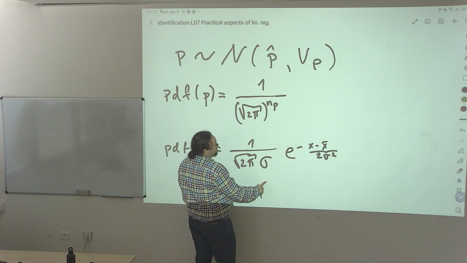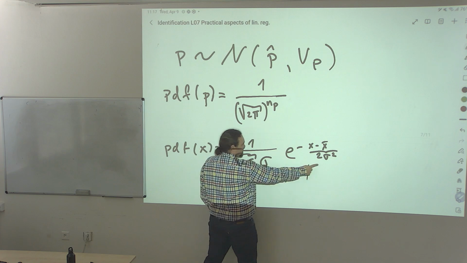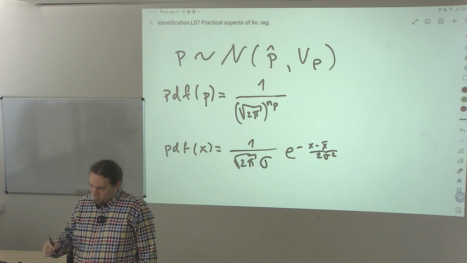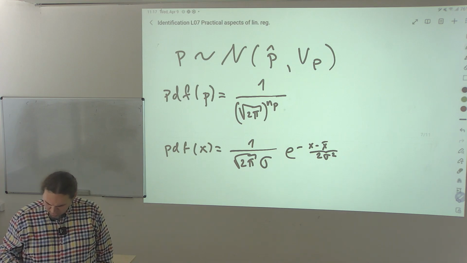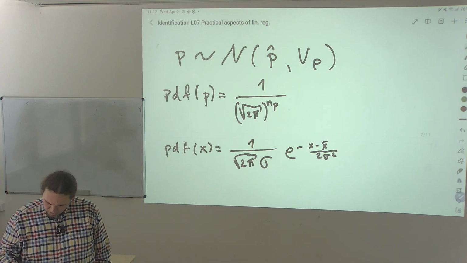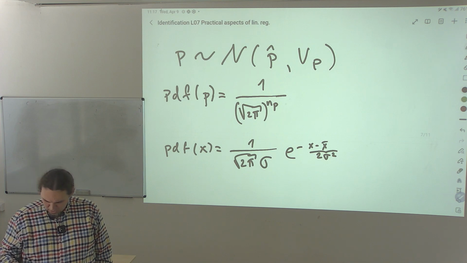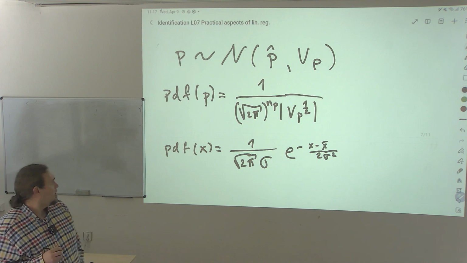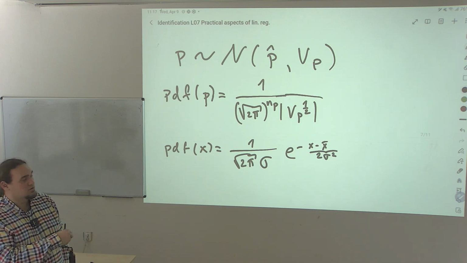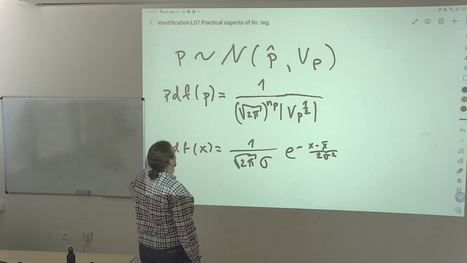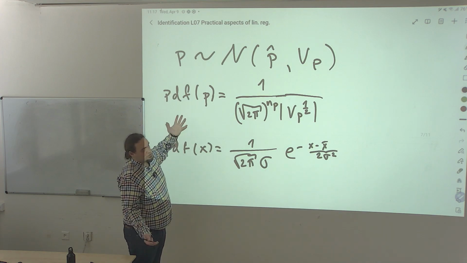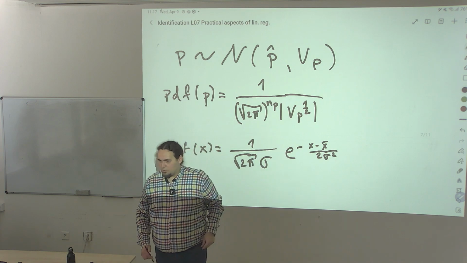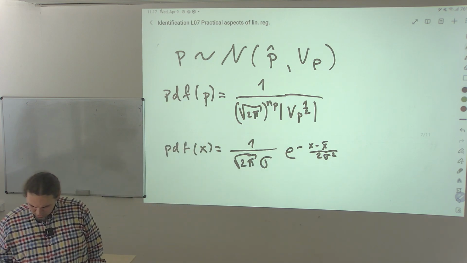Our standard deviation, what was it in the scalar case? We just took the square root of the variance. We again take the square root of the variance, but we also need to get a single number. So we take a matrix square root and we take a determinant. This will again be a scalar number because it's the probability density.